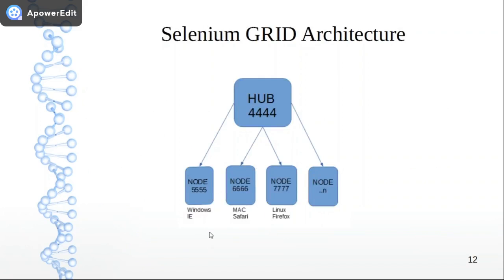So we can take different operating systems as well, and different browsers over the different nodes. For example, this node is of Windows. Node is like a machine only. So this is the Windows desktop. This one is the Mac machine. This one is a Linux machine, and you can take so many others. In the same way, the test cases are running on Internet Explorer here.